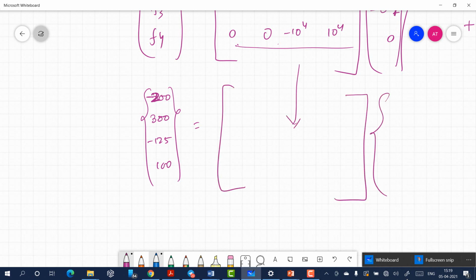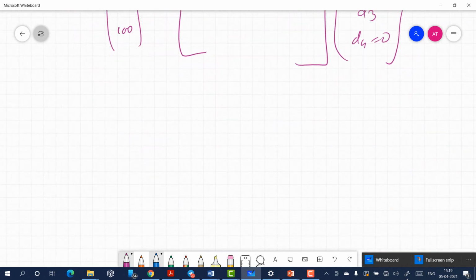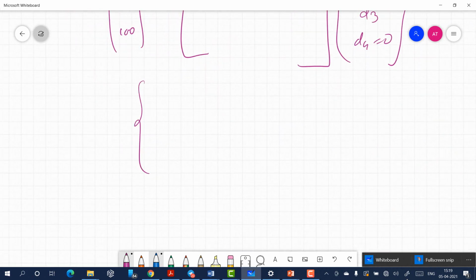And then I do not know the displacements, but D1 and D4 are known. So D1 is equal to 0, D4 is equal to 0, and D2 and D3 are not known to me. Okay, so if this is the situation, what will you do? In order to find D1, D2, D3, D4, they will be equal to K inverse times the force vector, right?